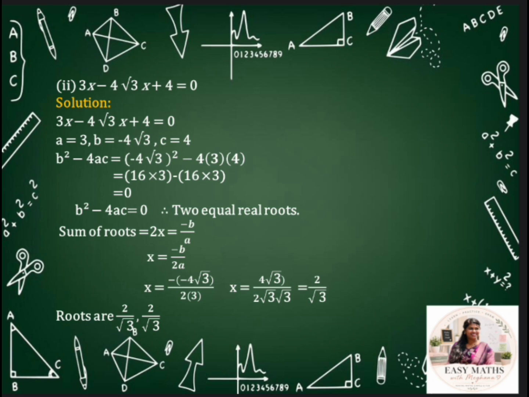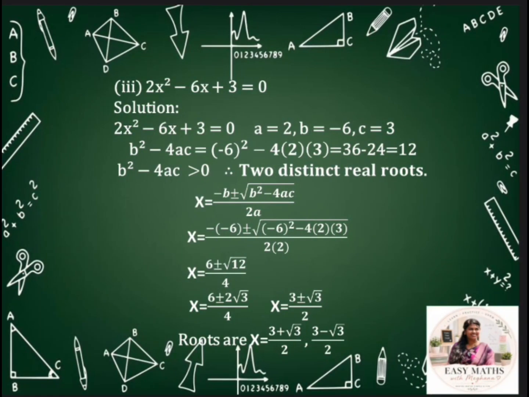That can be calculated by using the formula: sum of the roots is equal to 2x is equal to minus b by a. This also I have told you in the first class of the quadratic equation. You can check it in the playlist. x is equal to minus b by 2a. If you substitute the values of b and 2a, you will get the two roots, that is root 3 by 2 root 3 comma 2 root 3.